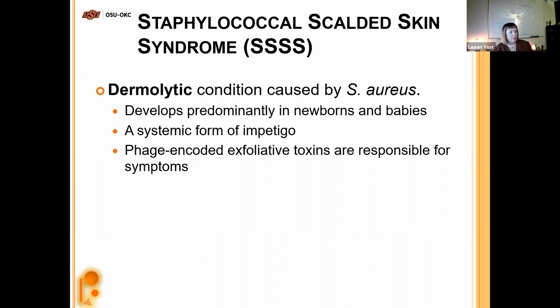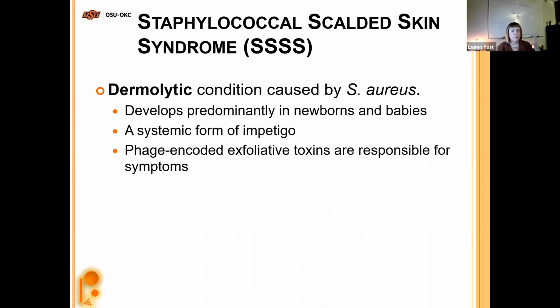Usually this is caused not by every kind of Staph aureus out there, but by the ones that have been infected with specific kinds of bacteriophages. They come in and infect the bacteria, the Staphylococcus aureus, and transfer genes from within the virus into that bacterium.